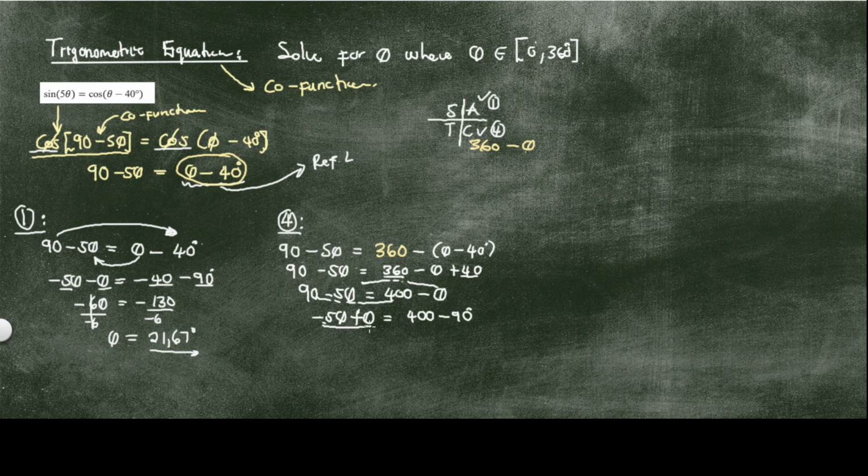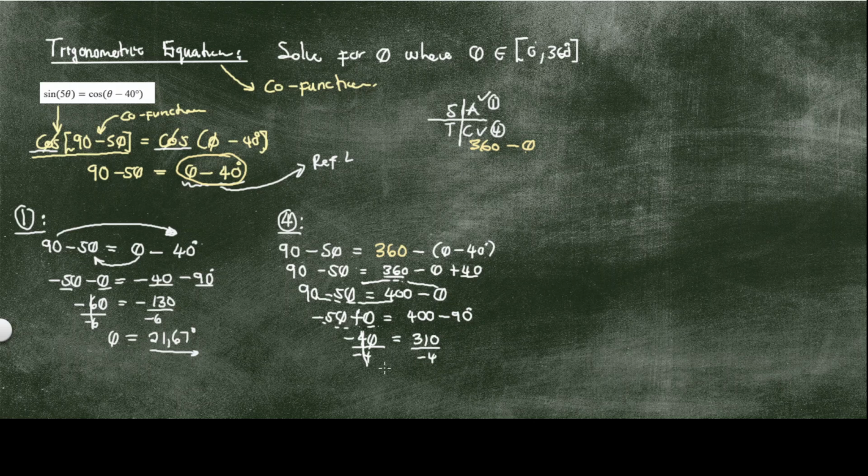Then we add these two. What's the answer? 308. Oh, it's minus 4 theta, which is equal to 310. 310 divided by minus 4.